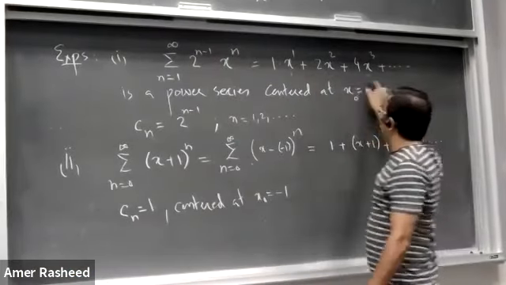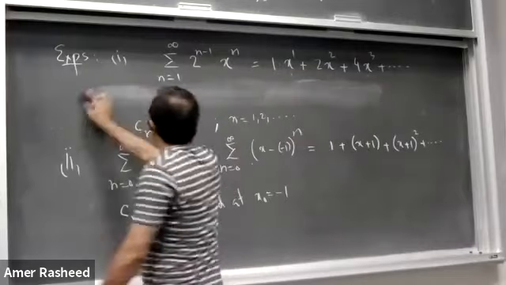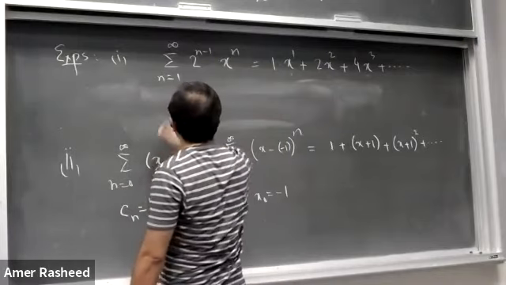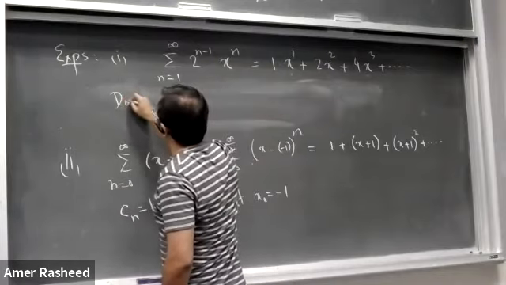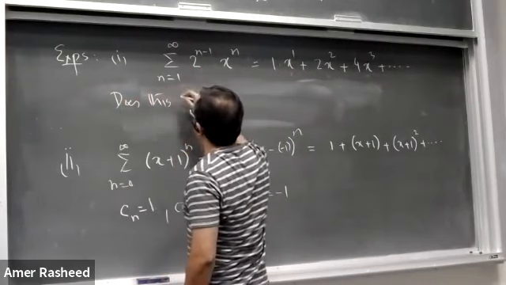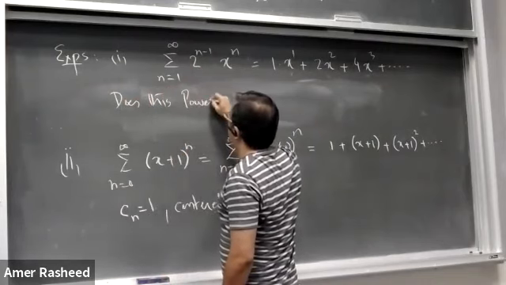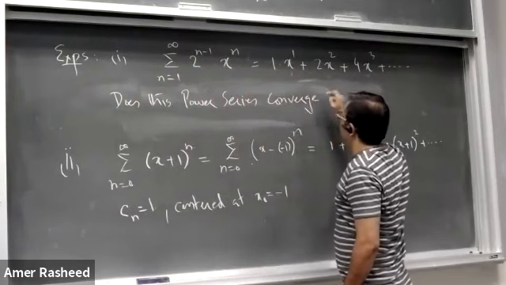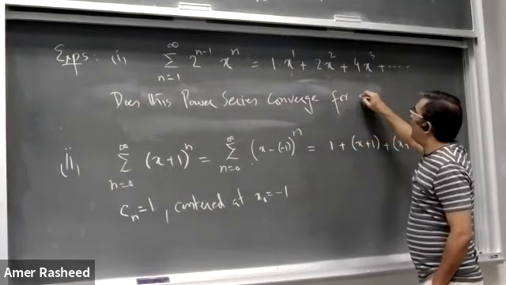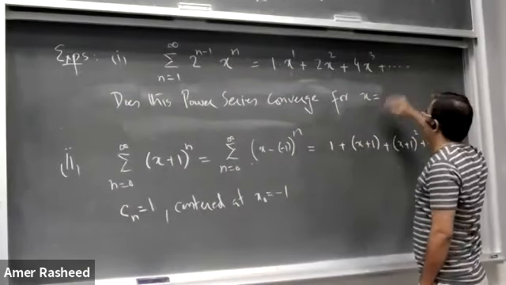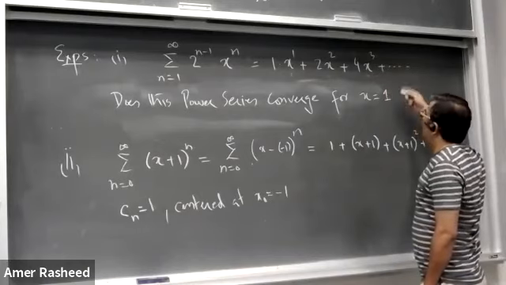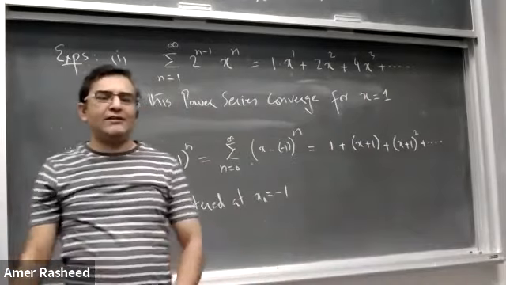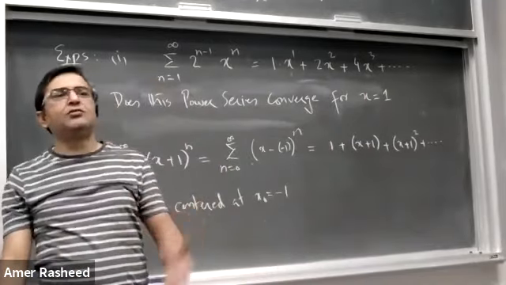For example, someone in the book, in the questions, may ask you, does this power series converge for x equal to maybe 1, or x equal to 2, or x equal to 3, or x equal to 0.5, or x equal to 1/2, maybe 3/2.